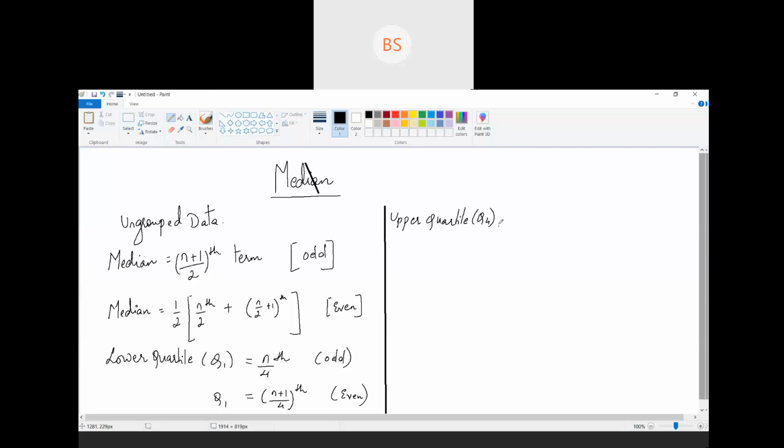So Q4 will be 3n by fourth term when the observations are even, and the upper quartile will be 3 by 4 (n plus 1)th term when the number of observations is odd. Did you all understand this?